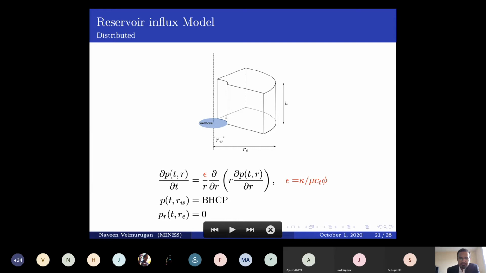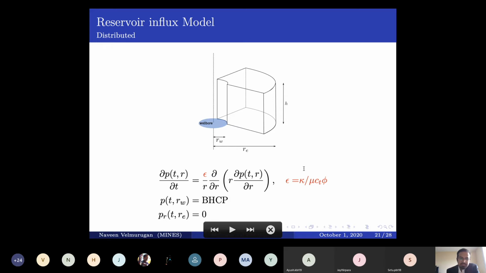Since it's the gradient of pressure at the near wellbore reservoir boundary, you need to first understand what your pressure distribution is. And P here is your pressure distribution of the reservoir fluids inside this radial section. So that's why it's a function of t and r, where r is the radius, and it's a function of some derivatives, double derivatives.